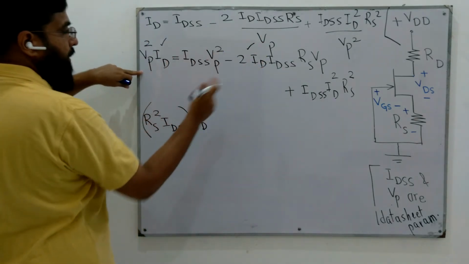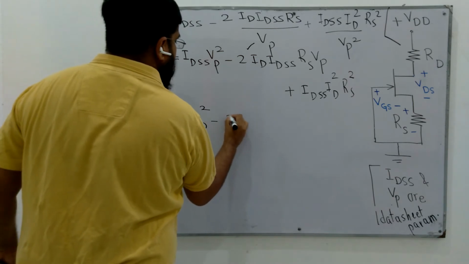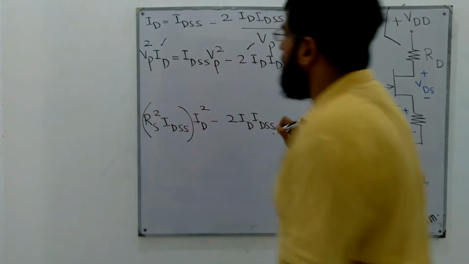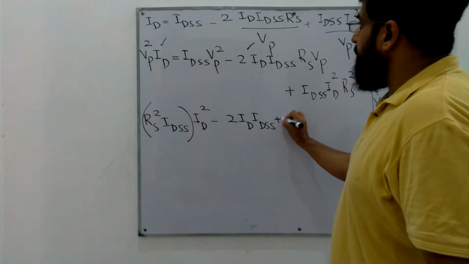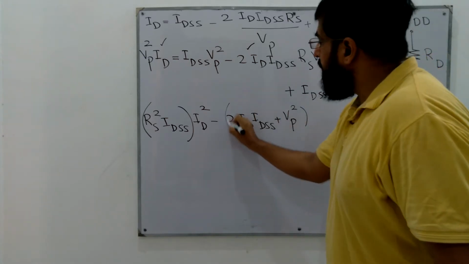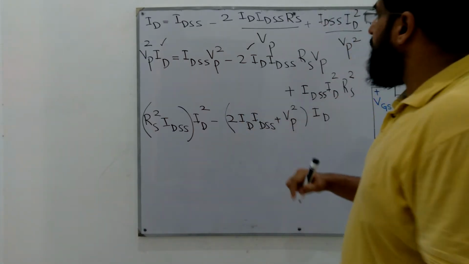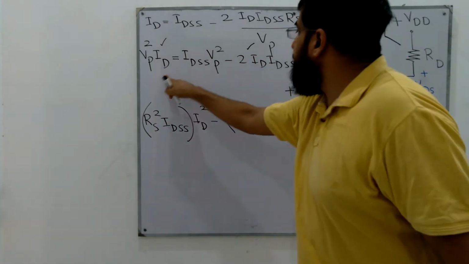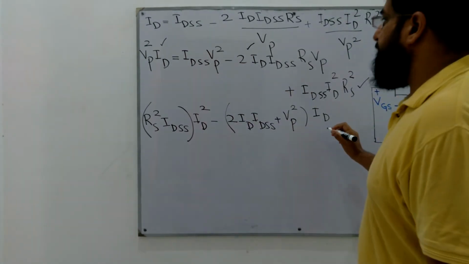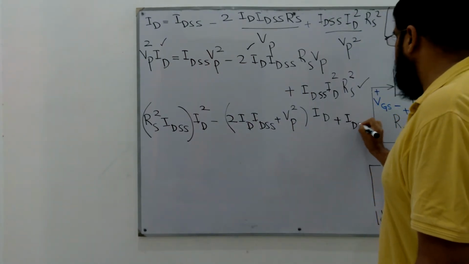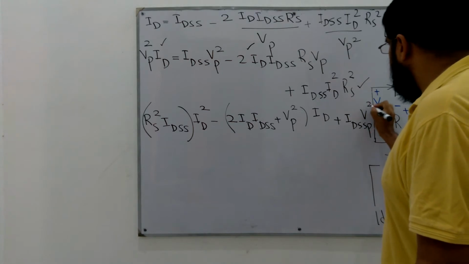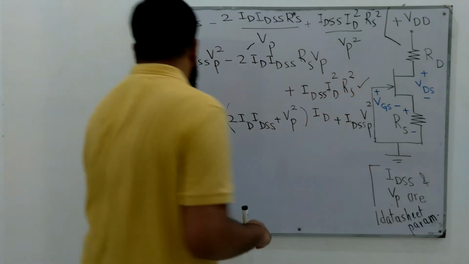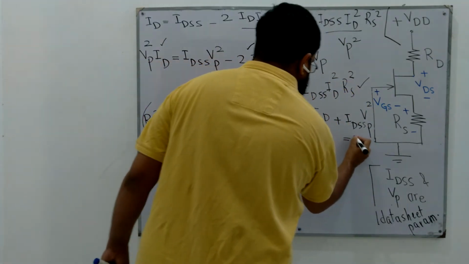So when we take it to the other side, this becomes minus 2 ID IDSS RS VP. Take it to the other side, plus VP squared ID. Right, so we have written these two terms, and this constant term, plus IDSS VP squared. And this whole is equal to 0.